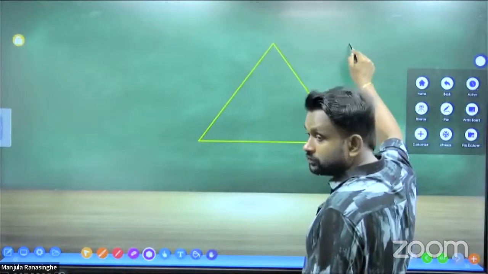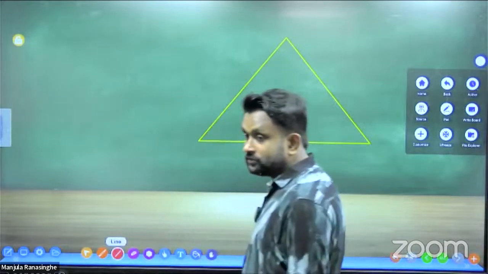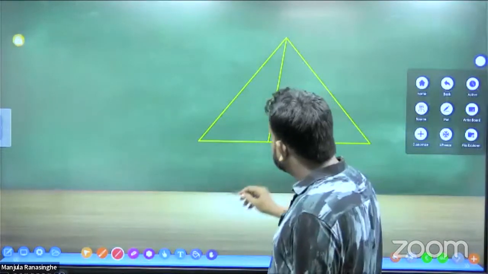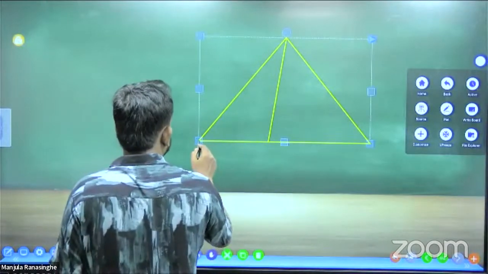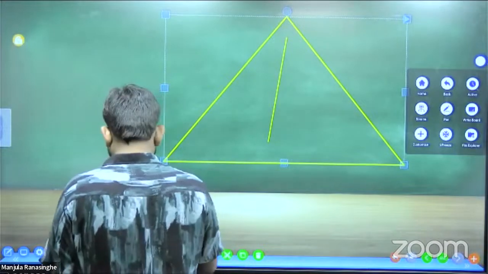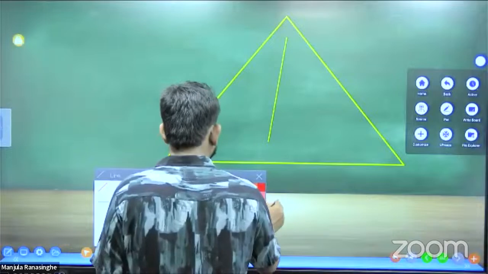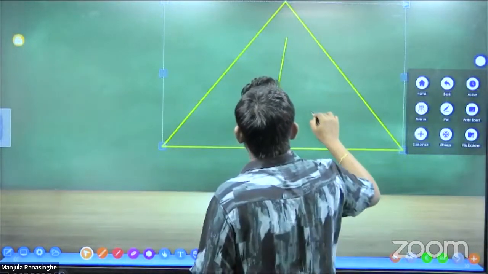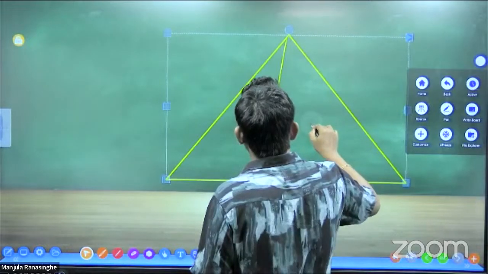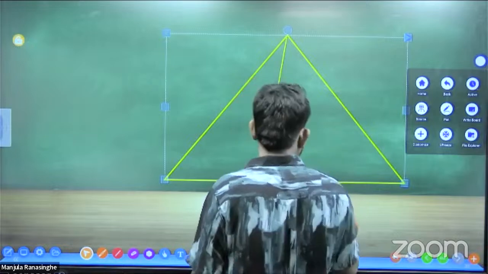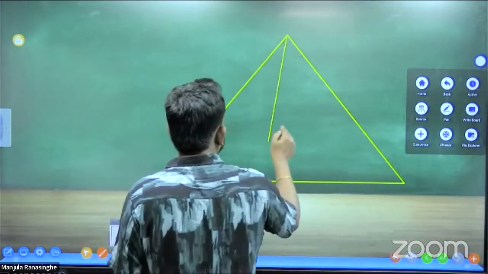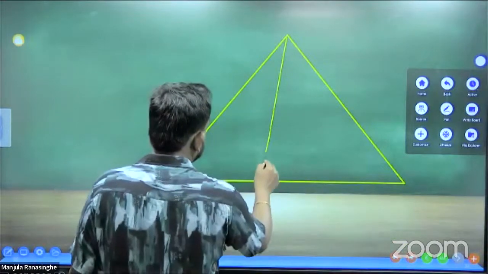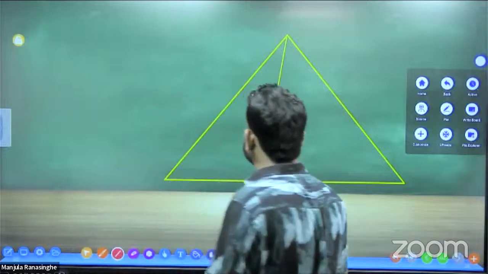This is a triangle, and there is a line drawn from here to here. Okay, so this is the diagram.